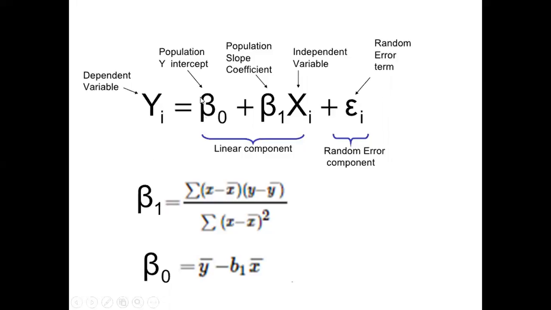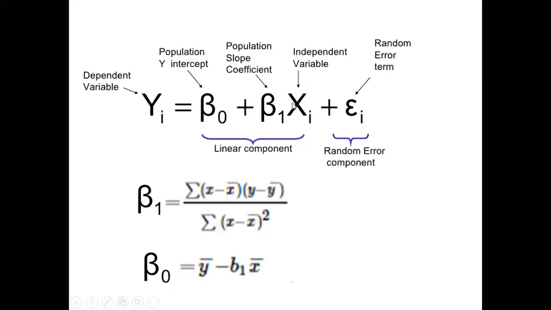These are constants. b0 and b1 are constants, these are coefficients, so they can be represented using other terms also, like a, b, c. So in some materials you can find a + bx, and here b0, b1, like this. So b0 we call the intercept, whereas b1 is the slope coefficient of x.